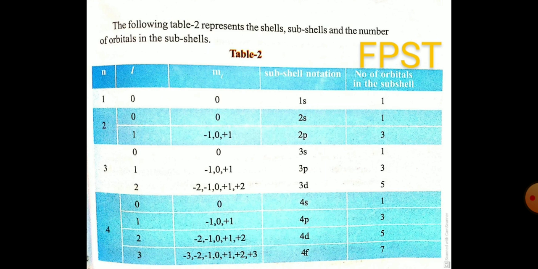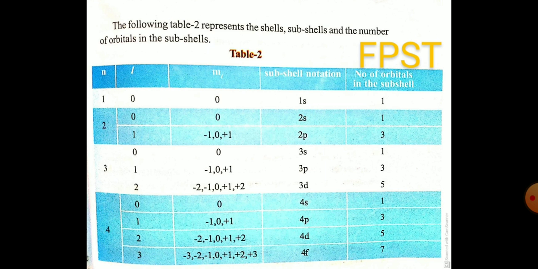For L is equal to 1, -1, 0, +1. Total 4 ML values. 4 ML values means subshells are 2; n is equal to 2, subshells are 2, and orbitals are 4, 2 square, 4. In the 2s only one orbital is there, in the 2p 3 orbitals are there.